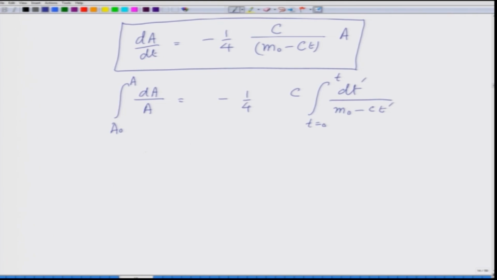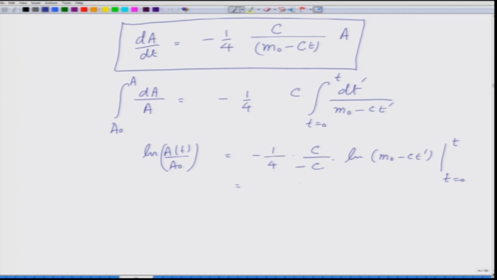So, this becomes log of A t over A0 is equal to minus 1/4 c divided by minus c, log of m0 minus c t prime, from t equal to 0 to t.